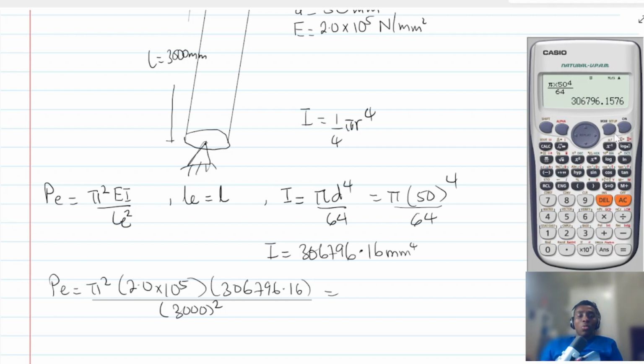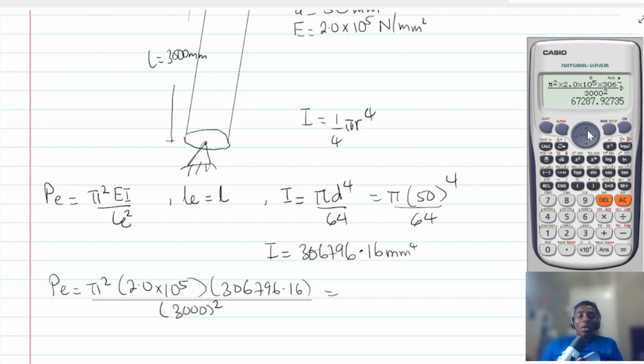So it's going to be pi squared multiplied by 2.0 times 10 to the power 5 multiplied by 306796.16 divided by 3000 squared.